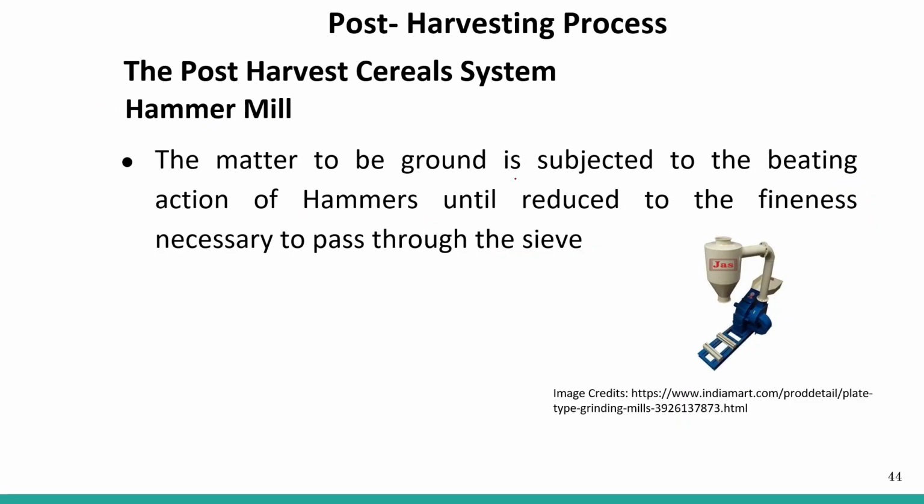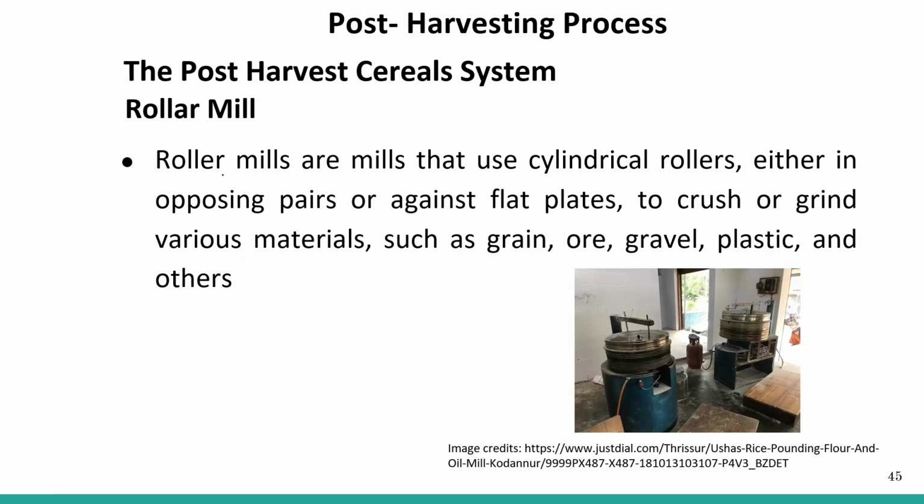The matter to be ground is subjected to the beating action of hammers, and that is why this mill got its name, hammer mill. It reduces the material to the fineness necessary to pass through the sieve, so it passes a very fine material. So this is about the hammer mill.